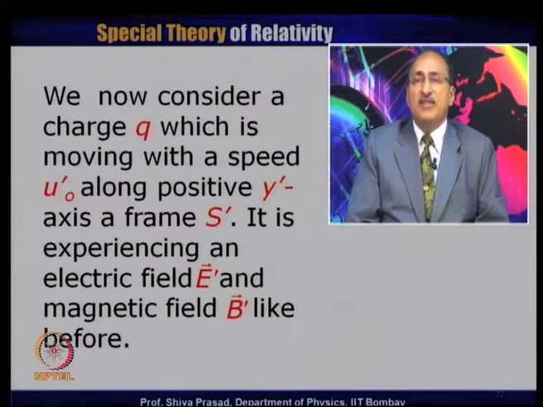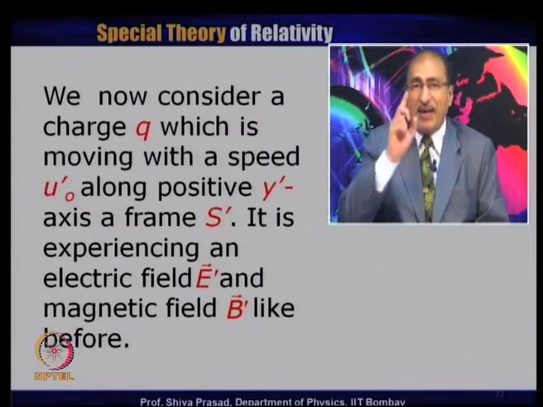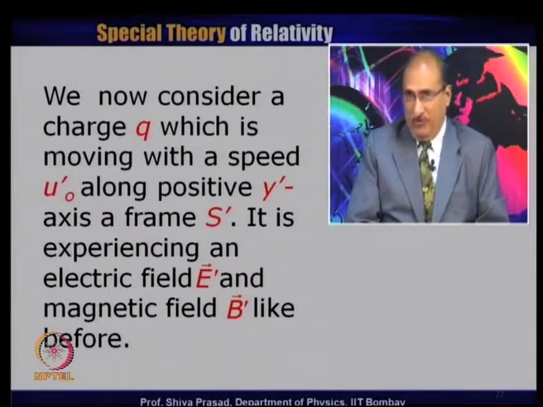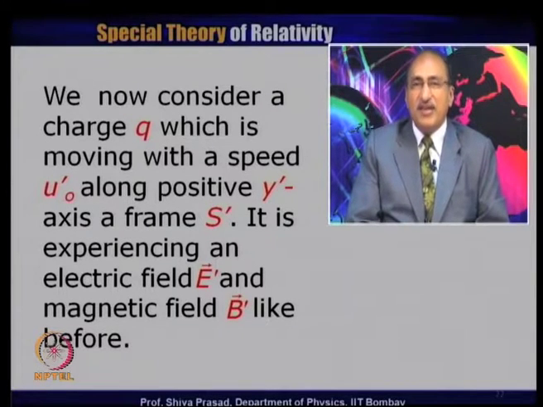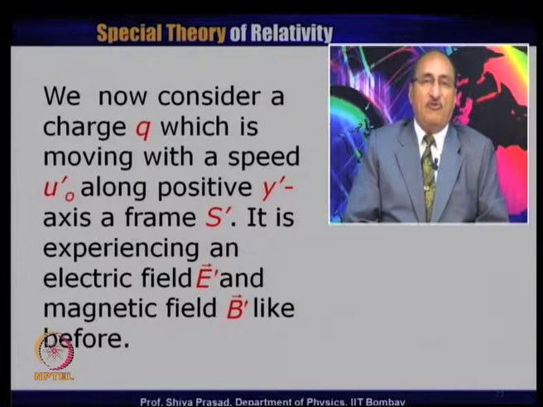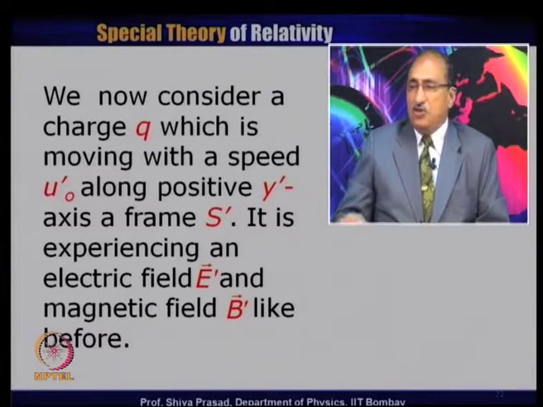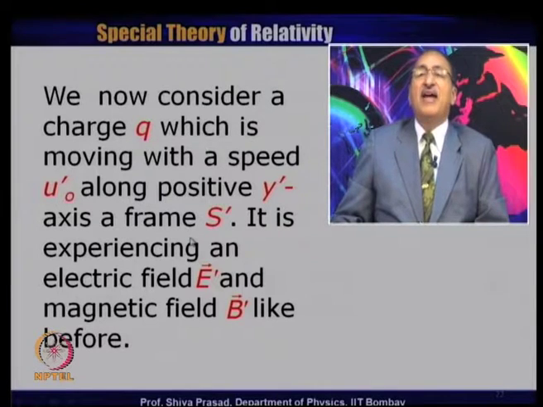Now, I will assume that this particular particle is moving along the plus y prime direction of S prime frame of reference. It is not at rest in S prime frame, but it is moving with a velocity directed along the y prime direction. So, we now consider a charge q which is moving with a speed u naught prime along the y prime axis in frame S prime.